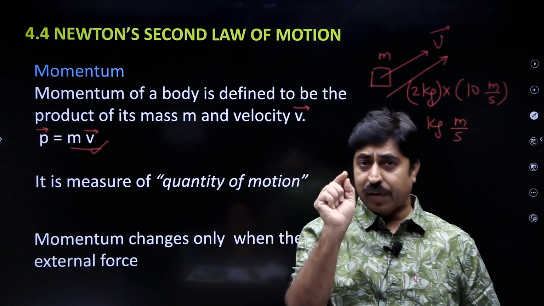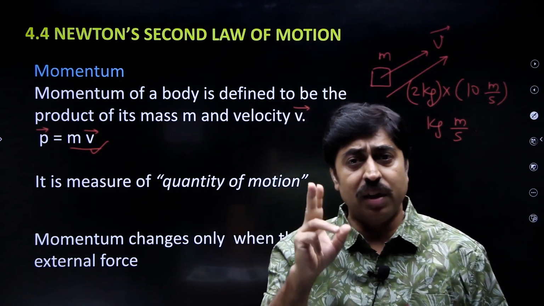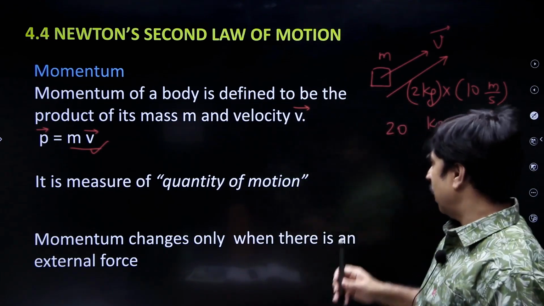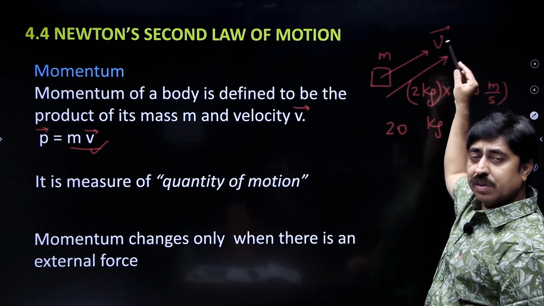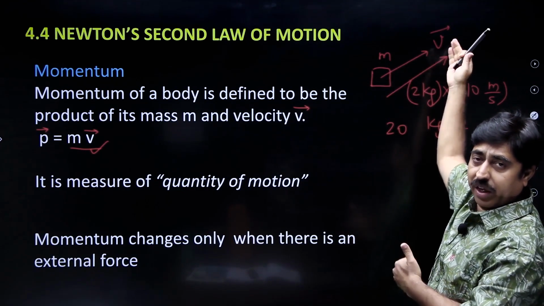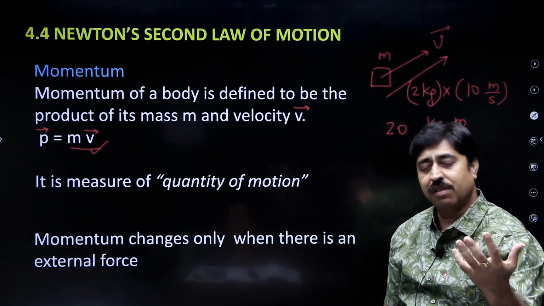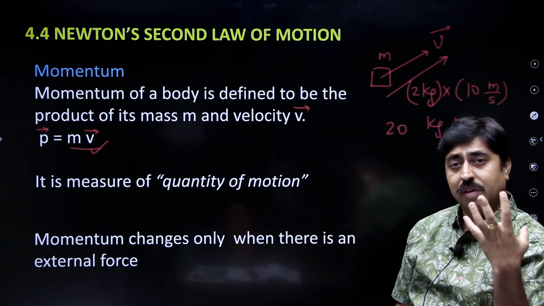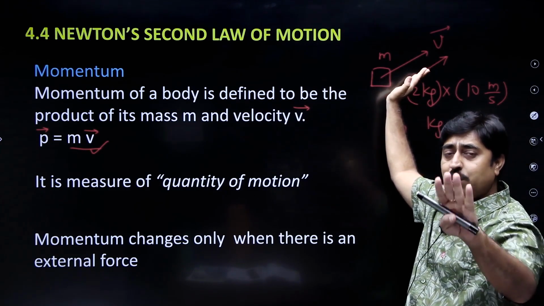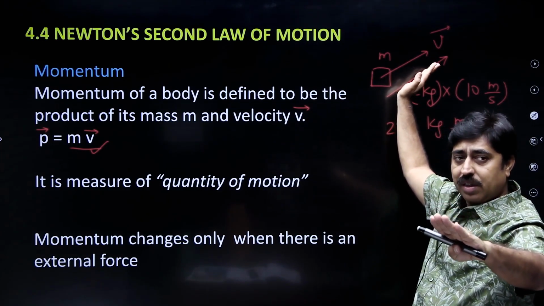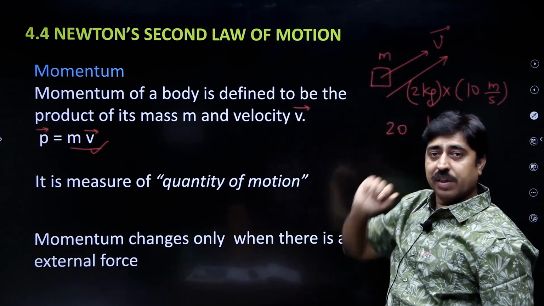So momentum can change only when velocity changes. Now velocity is a vector quantity. It can change in two ways. There may be a change in magnitude of velocity. If the speed becomes 15 meter per second from 10, then the velocity has increased, momentum has increased. But it may happen that the magnitude of velocity, that is speed, is not changing, but the direction of motion is changing.